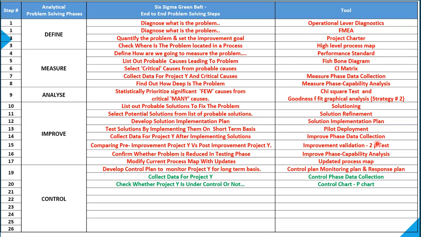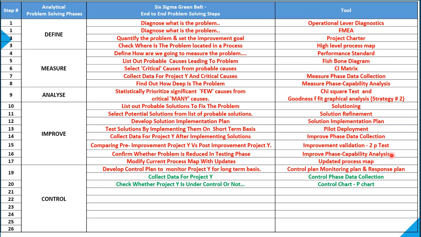But prior to that, we need to do a couple of things in improve phase. One is the way we validated solution implementation, or for that matter, the way we validated improvement with the help of the 2P test. We also need to check whether the performance of Y has improved or not with the help of capability assessment, the capability analysis.